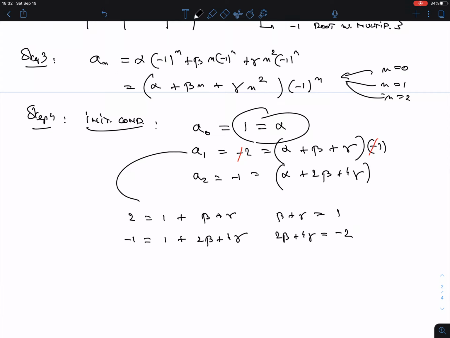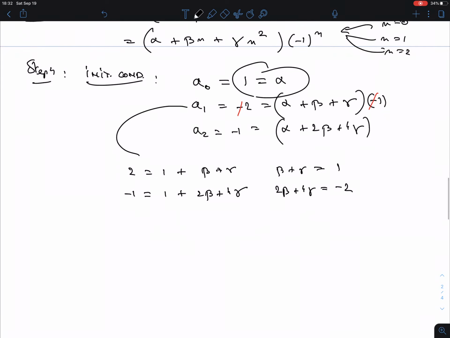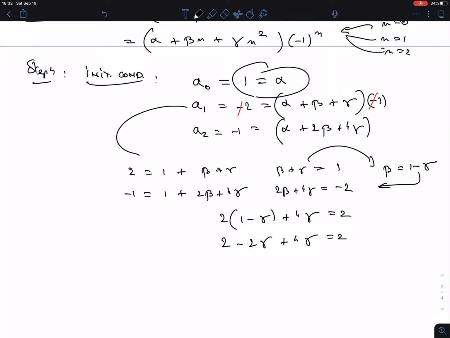Now you can use again whatever method you want, elimination or substitution. I like substitution here, so beta is 1 minus gamma. If I plug this in here, I get 2 times 1 minus gamma plus 4 gamma is 2. That's 2 minus 2 gamma plus 4 gamma is 2.